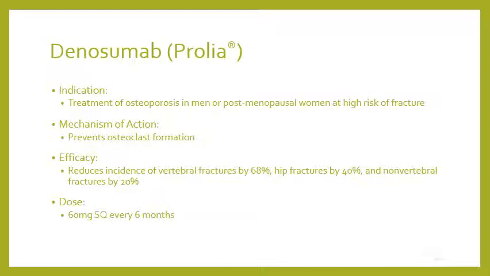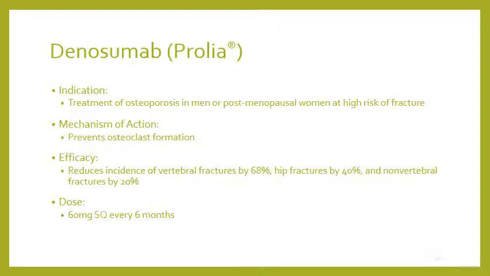Denosumab or Prolia is the last medication we'll discuss in terms of osteoporosis treatment. This medication is indicated in osteoporosis in men or postmenopausal women at high risk of fracture. It works by preventing osteoclast formation. It has been shown to reduce the incidence of vertebral fracture by 68%, hip fractures by 40%, and non-vertebral fractures by 20%.